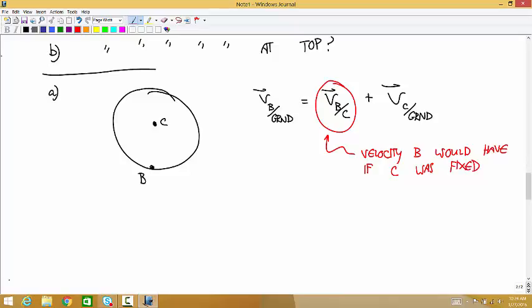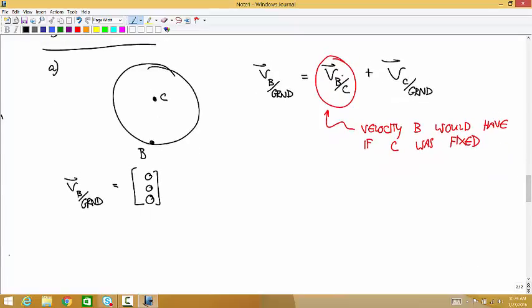Okay? So let's think about what we know. Do we know anything about the velocity of B relative to the ground? That's right. That's the one we know is 0. So VB relative to the ground is 0. We're trying to calculate the velocity of C relative to the ground.